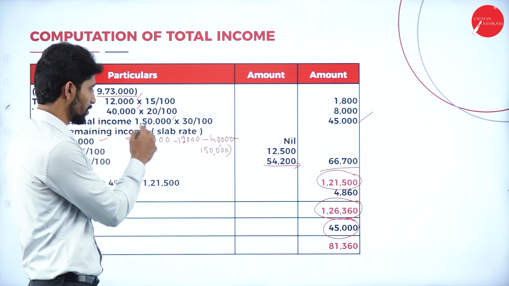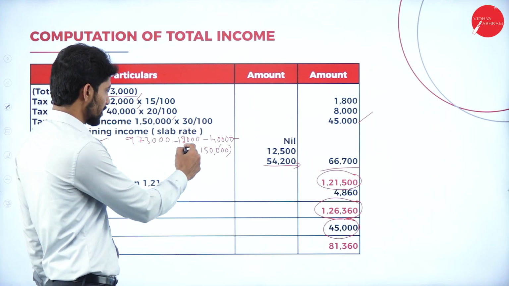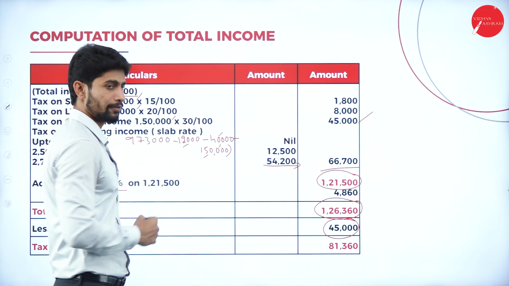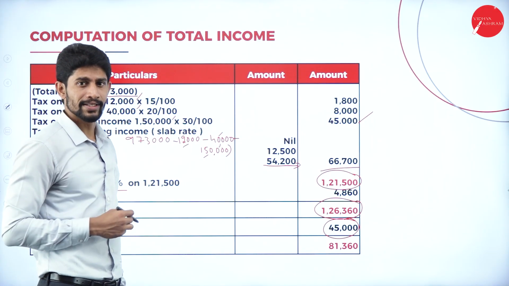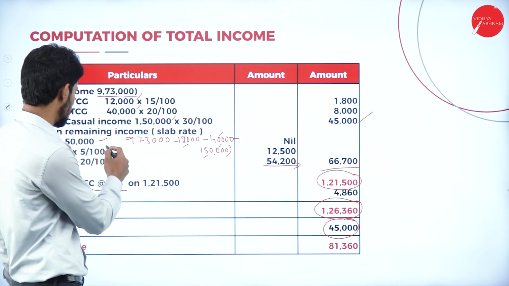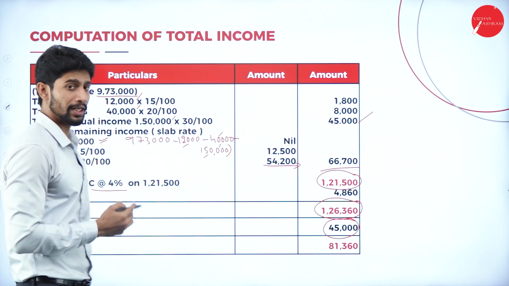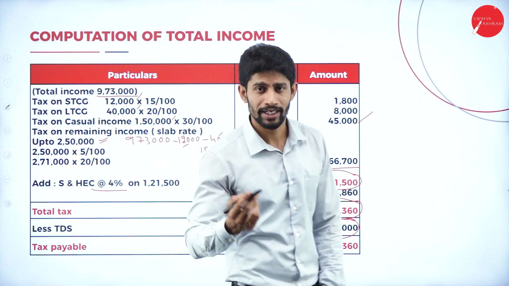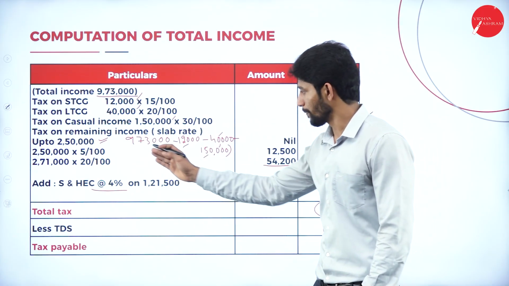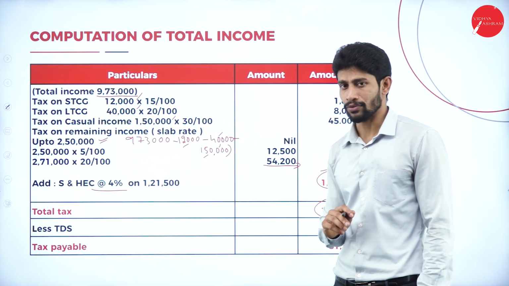In the total income we already taxed 12,000, 40,000 and 1,50,000, so deduct this value and you will get the balance. On that balance you are supposed to apply the slab rate: up to 2,50,000, next 2,50,000 to 5 lakh, 5 lakh to 10 lakh, above 10 lakh. If you apply the slab rate, you will get the values.